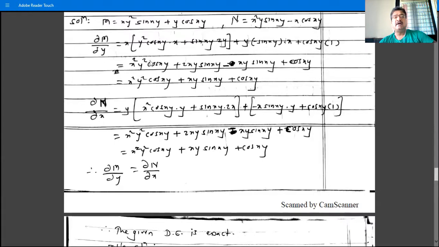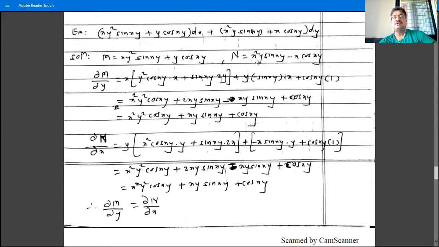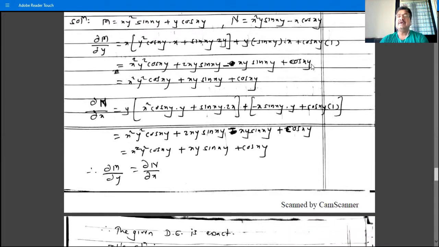Now ∂N/∂x, that is the derivative of this N with respect to x. Now this y is a constant quantity, so take y as common, and then x² sin(xy), derivative by using the u into v rule. So x², derivative of sin(xy) with respect to x is cos(xy) into y, plus sin(xy), that is v, derivative of x² is 2x, plus x cos(xy), whose derivative is by using the u into v rule.